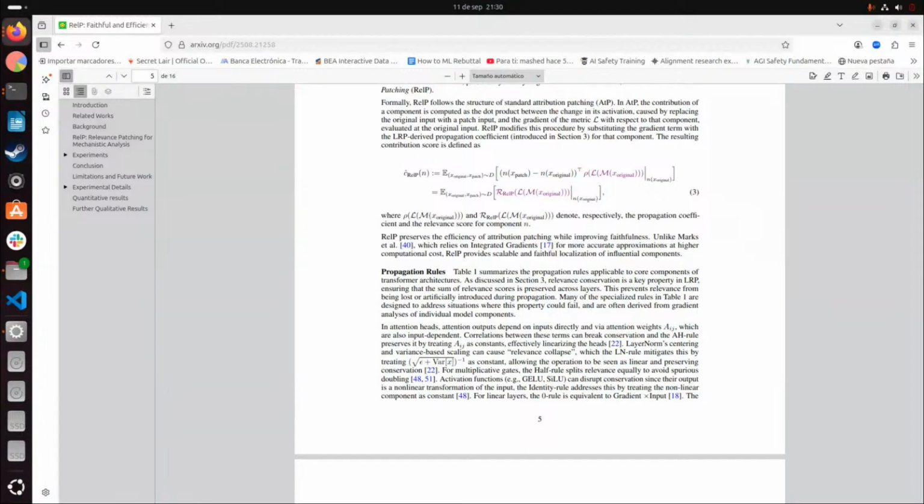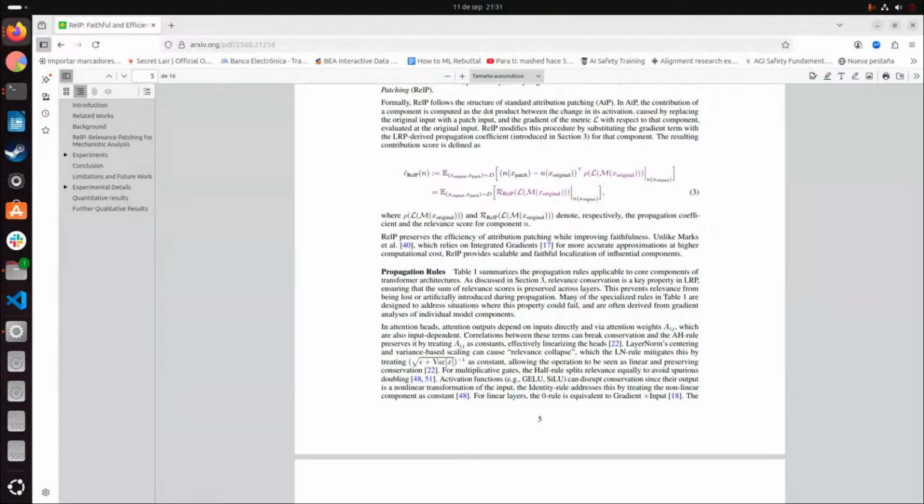Answering the thing that someone wrote on the chat, I think it's something like that. But I don't understand it very well either yet. But I'm getting the sense that they basically replace the gradient with this propagation coefficient, right?